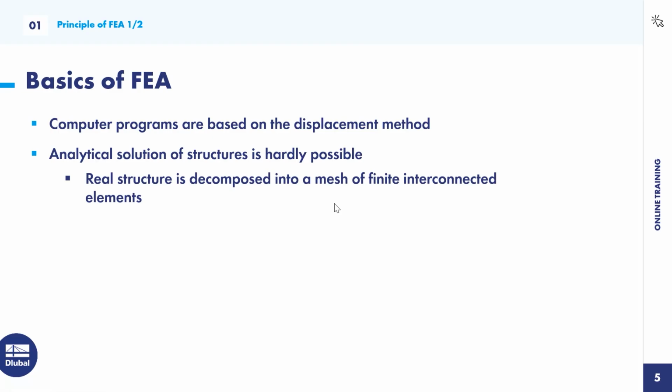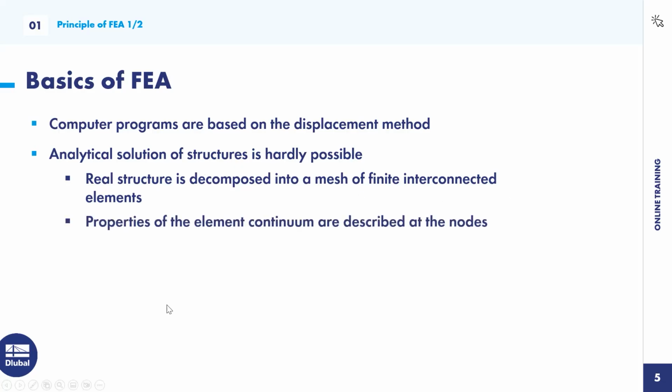We're gonna take the real structure and just cut it down or decompose it into a mesh of finite interconnected elements. So they're just like a specified amount of elements in the system and they are connected to each other then. We will see it in the next slide as well. There's some graphics for it for better understanding. Then what we also will need is to define the properties of the element continuum.